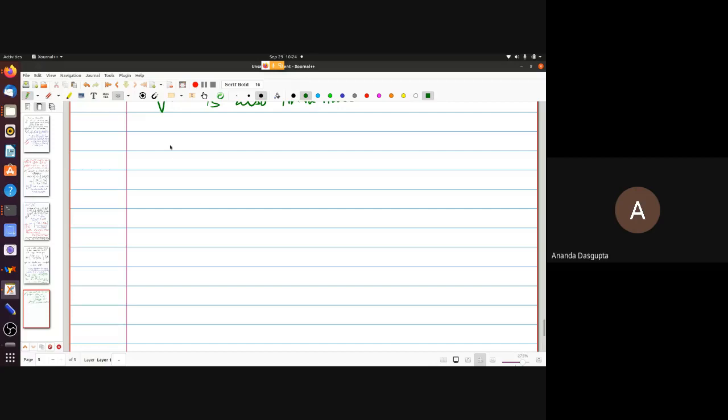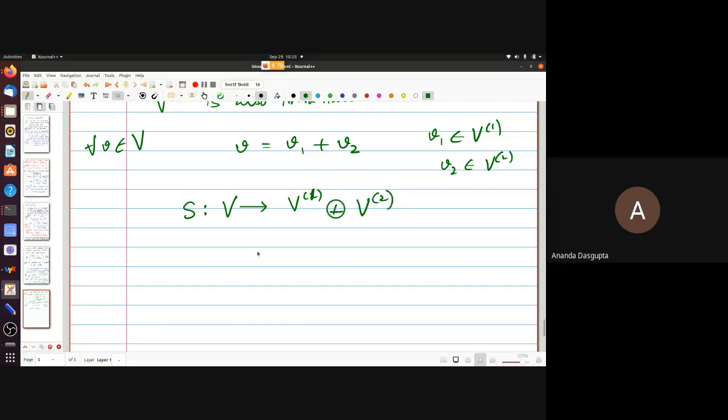What you really say is, if you have any vector v, any small v belonging to capital V, small v can be written down as v1 plus v2, where v1 belongs to capital V1, v2 belongs to capital V2, and then this helps us define a map from capital V to V1 direct sum V2 by saying take v, map that to v1 comma v2.